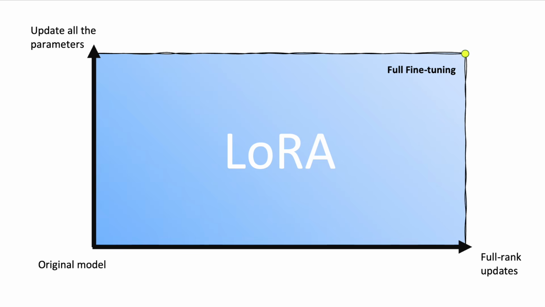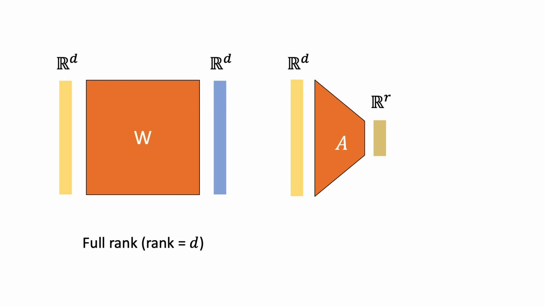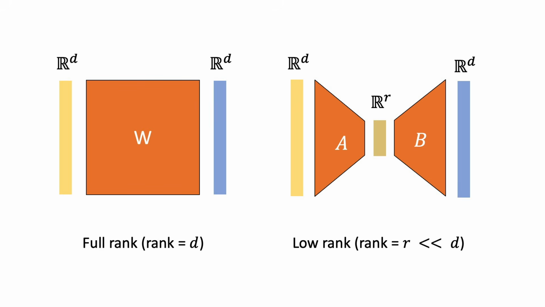Let's quickly talk about how we control the expressivity of a matrix update by controlling its rank. A D by D matrix can represent any linear transformation in the D-dimensional vector space. However, if we start with a vector in R^d, first transform it to R^r, where r is less than d, and finally transform it back to R^d, we restrict the kind of linear transformations we can represent. How does stopping by R^r achieve that?